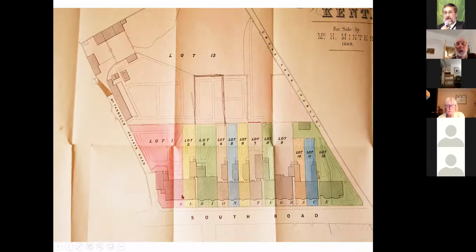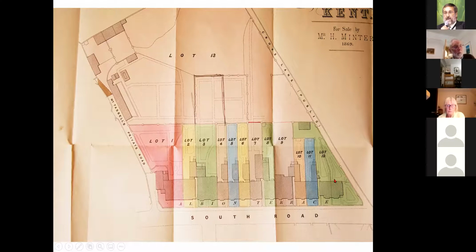This is one of his developments here. He bought this lot, and there are 12 lots there, of which the end one has the possibility of 2 buildings on it. And they became numbers 1 to 13 Albion Terrace.